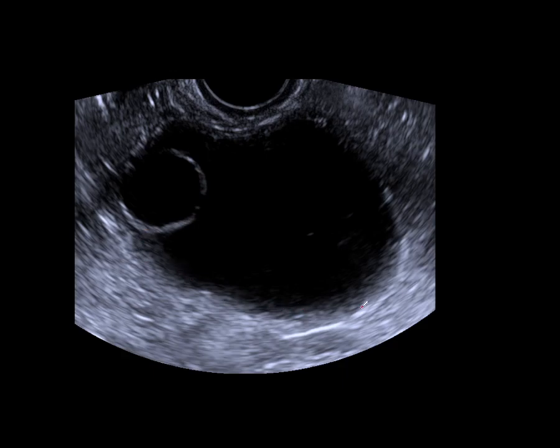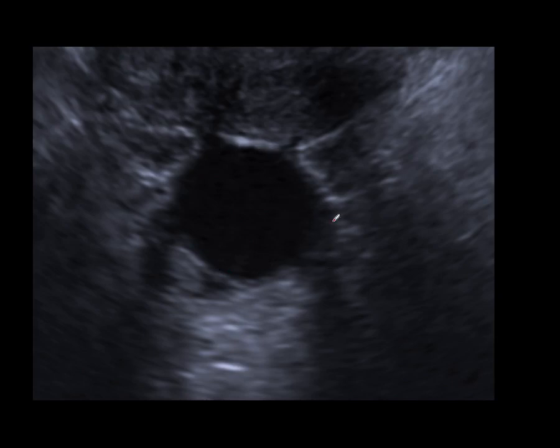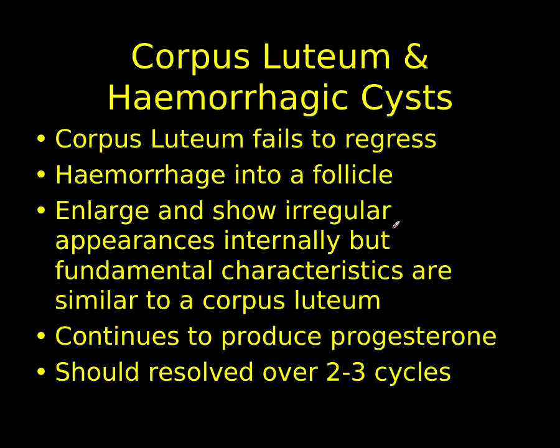Everything else looks okay. It's otherwise simple. There is a very smooth border present and no solid elements identifiable. And this did regress down nicely. I don't even know if the patient was rescanned 2 cycles later, and this may be a follicle from a new follicle rather than the same one.